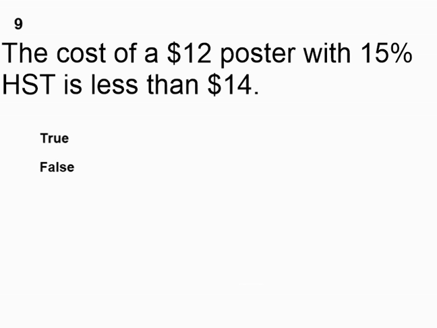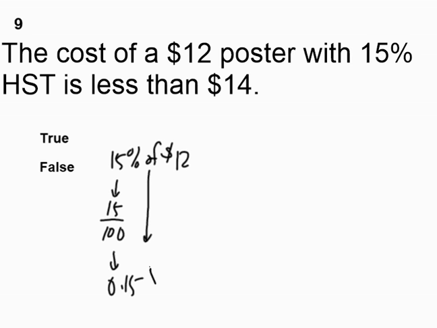Question 9, the cost of a $12 poster with 15% HST is less than $14. So if you think of a $12 poster, we won't bother with the picture, we'll just do $12. $12 plus, if I think about what is 15% of $12, and 15% as a fraction is 15 hundredths, as a decimal, it's 15 hundredths of the multiplication.